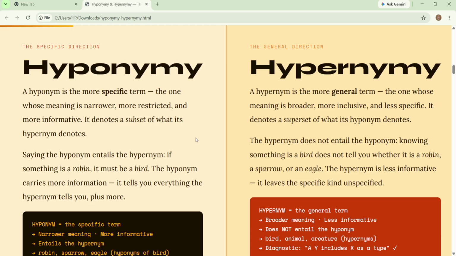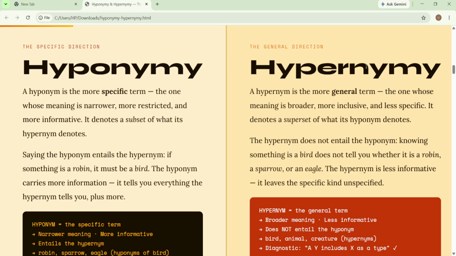It denotes a subset of what its hypernym denotes. Saying the hyponym entails the hypernym. If something is a robin, it must be a bird. A hyponym carries more information. It tells you everything a hypernym tells you, plus much more because it is specific. So it includes general information and specific information too.